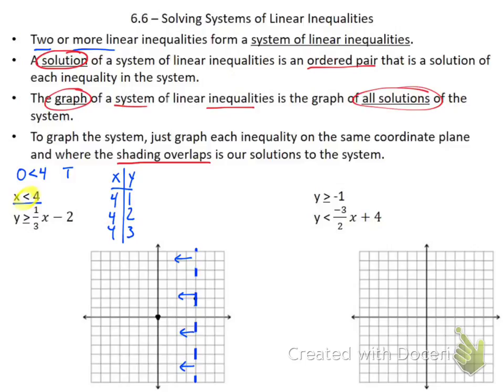My next equation, the one in red, I can do that one then. Again, I can do an XY chart. With this one, I get 0, negative 2.